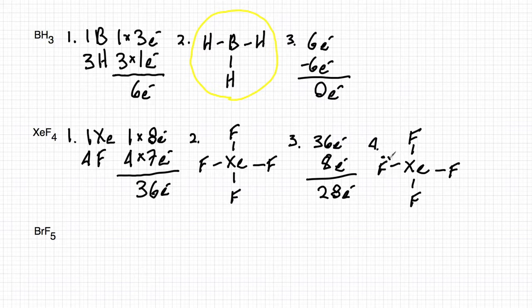So 2, 4, 6, 8, 10, 12, 14, 16, 18, 20, 22, 24. Okay, well, everyone's got an octet, but we still have 4 electrons we have to put down.